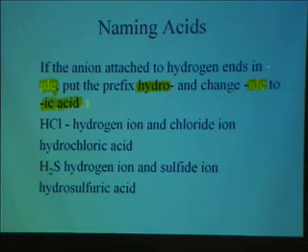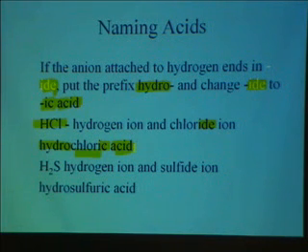So for example, if we had HCl, you look at the anion, which is Cl, it is chloride. Chloride ends in IDE. So you use the first row of the table, and it tells you exactly how to do it. And so it becomes hydro as the first part, then the root of the name, which is chlor, and then ic acid.